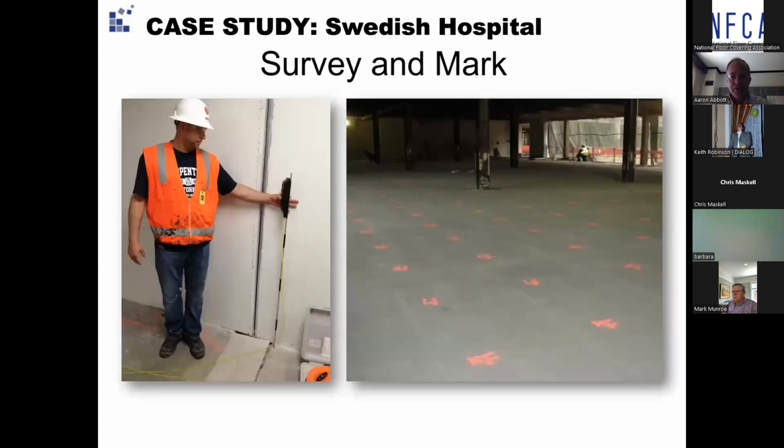So after the shot blasting, there was a survey done. So this is an elevation survey where points on the floor were surveyed for elevation versus the intended benchmark of where the self-leveling was going to top out at. Those measurements were marked.